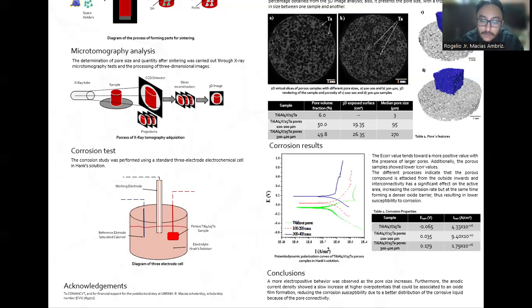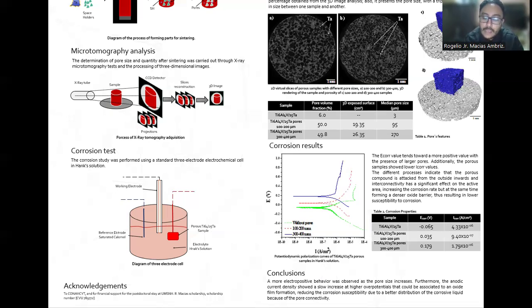The corrosion results showed that the E-corr tends towards more positive values with the presence of large pores, and the E-corr of the porous samples is lower compared to the reference sample without additional pores. These results indicate that pores and interconnectivity have a significant effect on corrosion resistance due to the exposed active area.